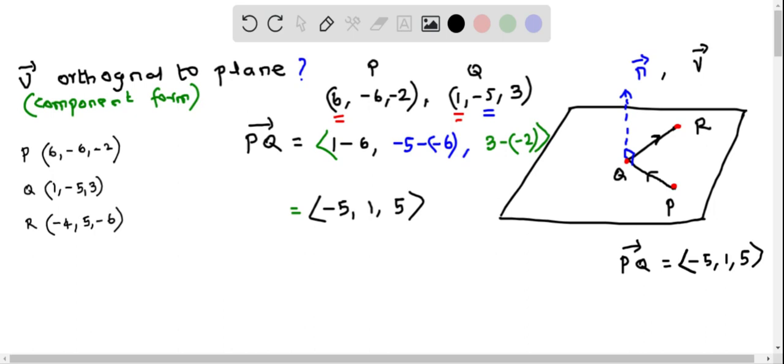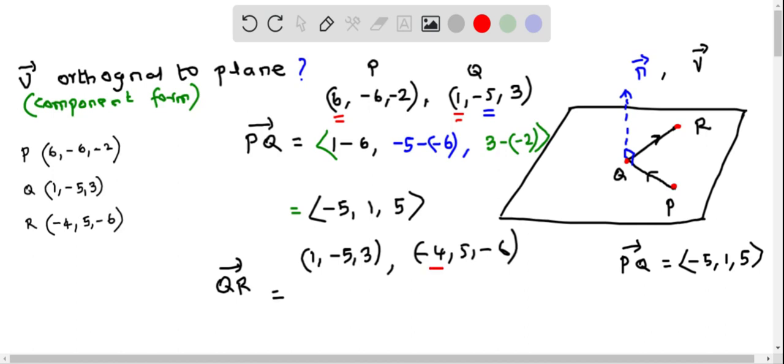In the same way, we will now find the QR vector. So I write down the QR vector. I take the points of Q, I write down at the top, that is 1, -5 and 3. And the points for R are -4, 5 and -6. So we do the subtraction like this.